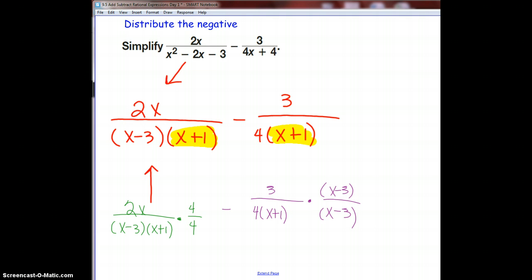Go ahead and multiply those two fractions by what we are missing for the common denominator, and then we're going to go ahead and combine like terms in the numerator, and then remember we always check to see if anything is factorable.